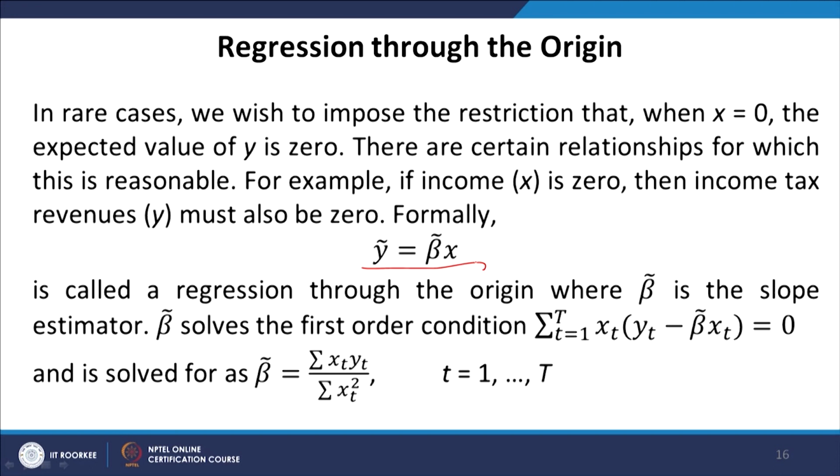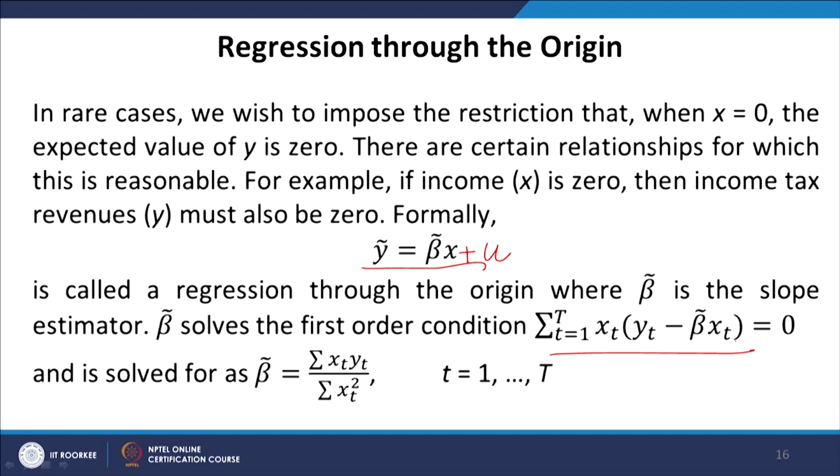For a random component we can certainly add a u here. This is called a regression through the origin, where beta tilde is the slope estimator. Beta tilde solves the first order condition: the sum of x_t times (y_t minus beta tilde x_t), from t equals 1 to capital T, set equal to 0.